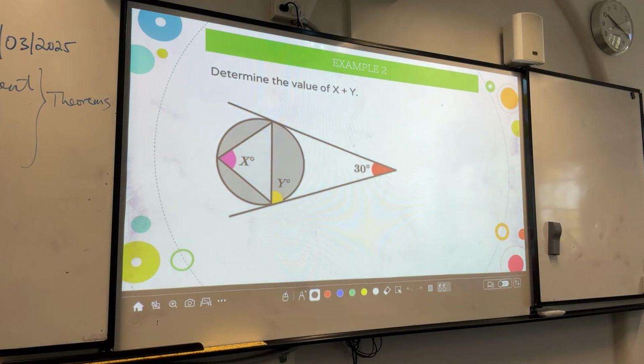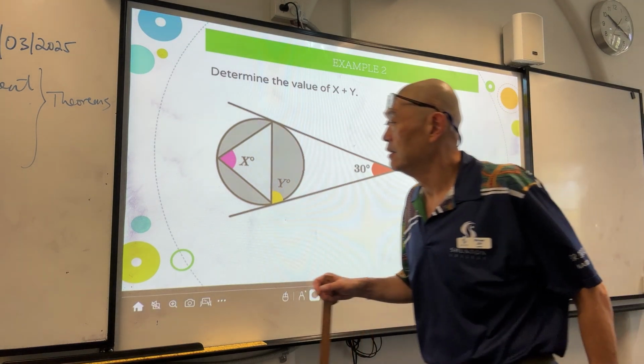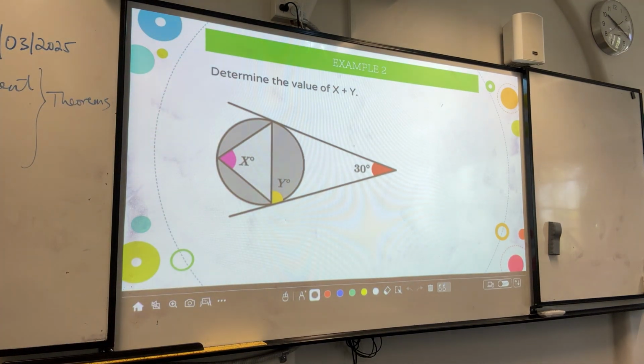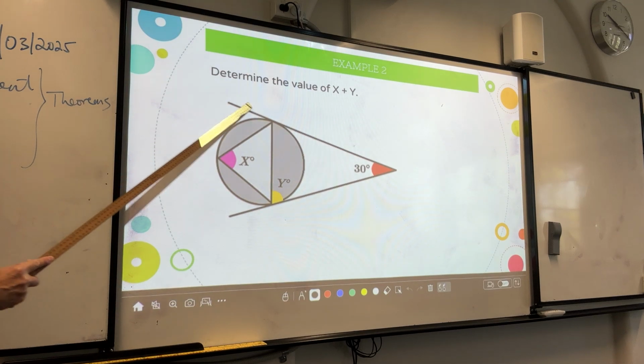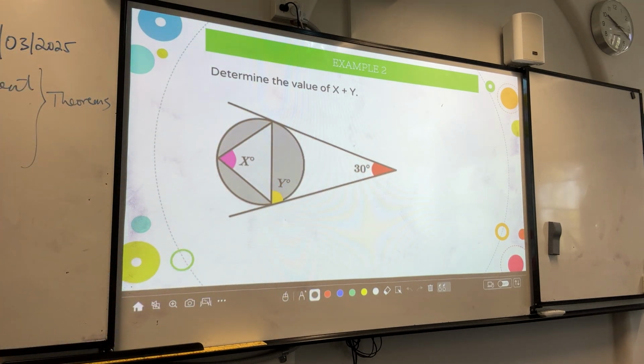Determine the value of x plus y. It's not x and y individually, it's x plus y. What do you need to do? You know that one of the angles given is 30 degrees. Now in this situation, what is important? This line and this line are actually tangents to the circle.